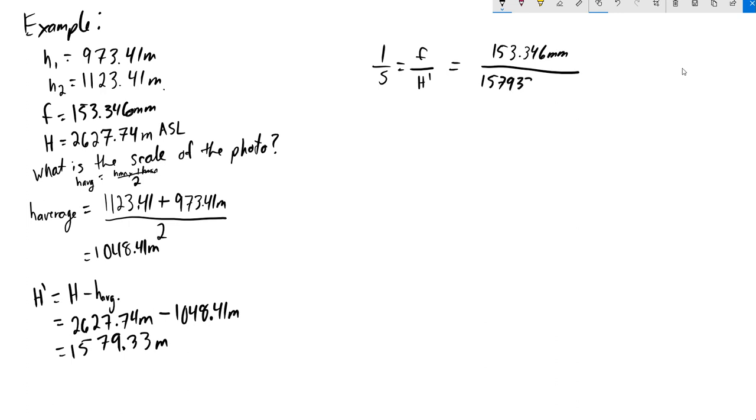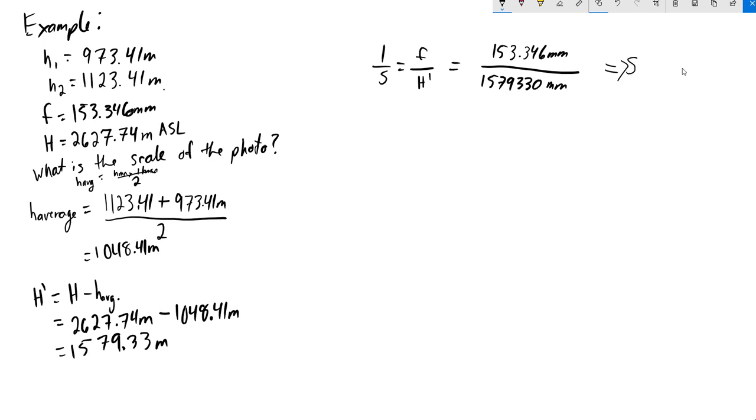I'm going to just do this because I can do that quick math in my head. What I'm doing is this value multiplied by 1 divided by this value. And I get a scale number.